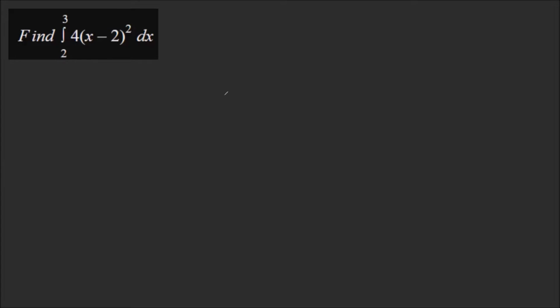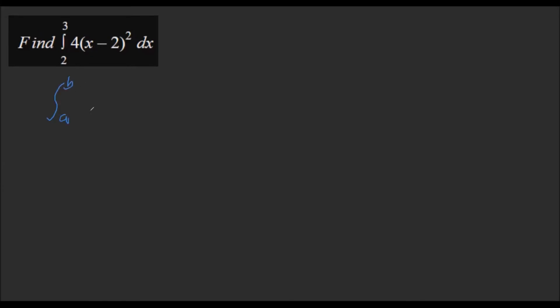It's pretty simple. So we're told here to find the value of the integral from 2 to 3 of 4 times (x minus 2) squared dx. So let's first write down the general equation for the first fundamental theorem of calculus, that being that the integral from a to b of f prime of x dx is equal to F of b minus F of a.